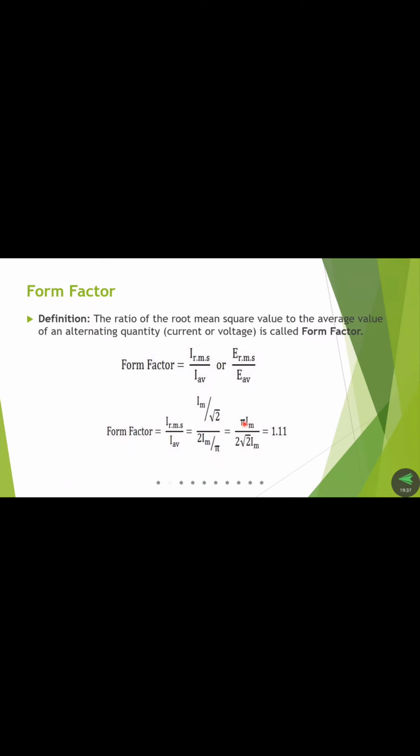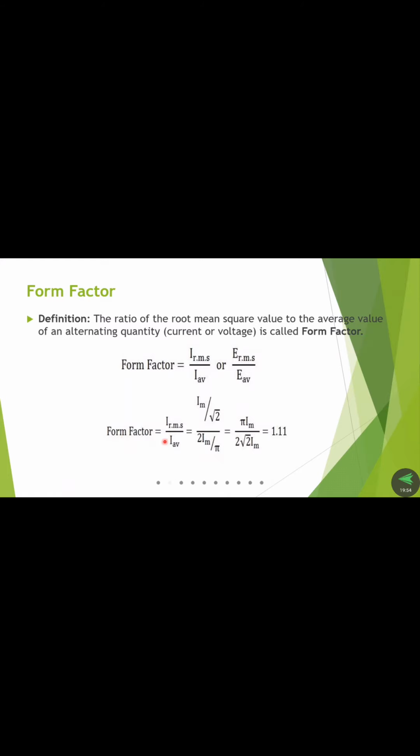Pi is a constant, and Im gets cancelled. So we get pi by 2 root 2, and finally we get the value 1.11. This is what we call the form factor. There are no units for form factor.